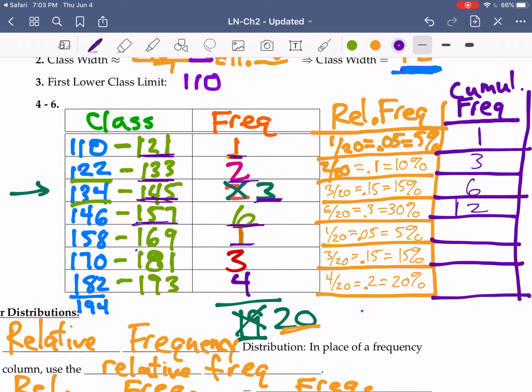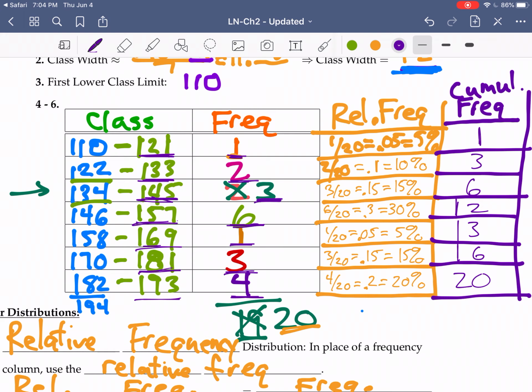Up through 169, we pick up 1 new one, plus the 12 we had from before. It's 13. Up through 181, we get 3 new ones, plus our previous 13 gives us 16. And up through 193, we now pick up 4 more, which gives us a total of 20. That makes sense because we had a total of 20 values, so by the time we get to the end, we should have all 20 of those represented.